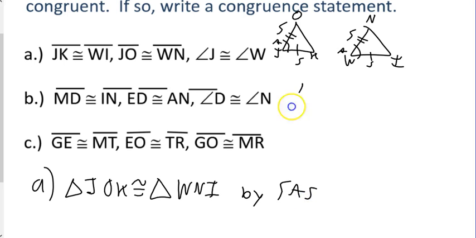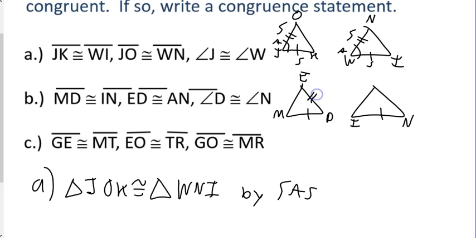Okay, B. Draw my two triangles. I know those don't look alike, but work with me here. MD is congruent to IN. Mark it. ED is congruent to AN. Mark it. D is congruent to N. Well, that's the same thing as the above one, just kind of reflected. So that's SAS.